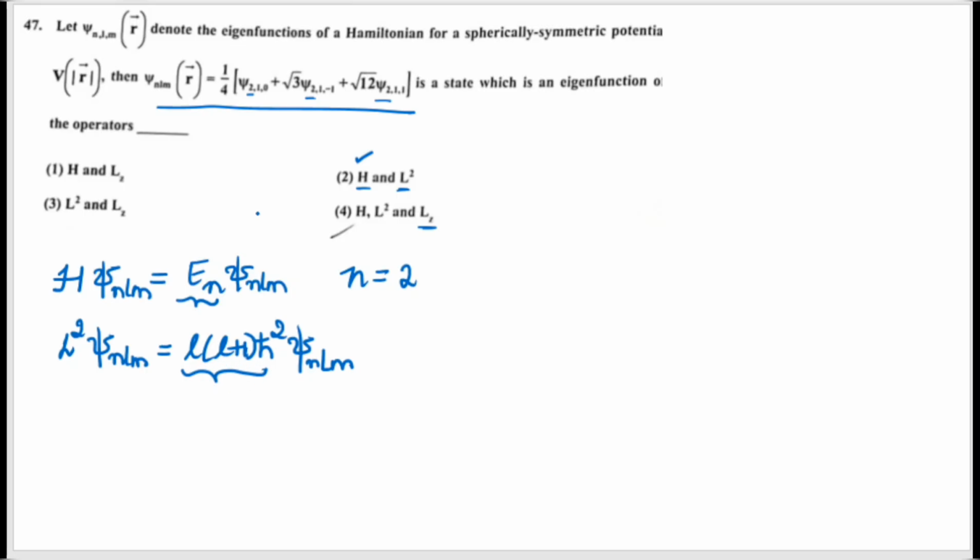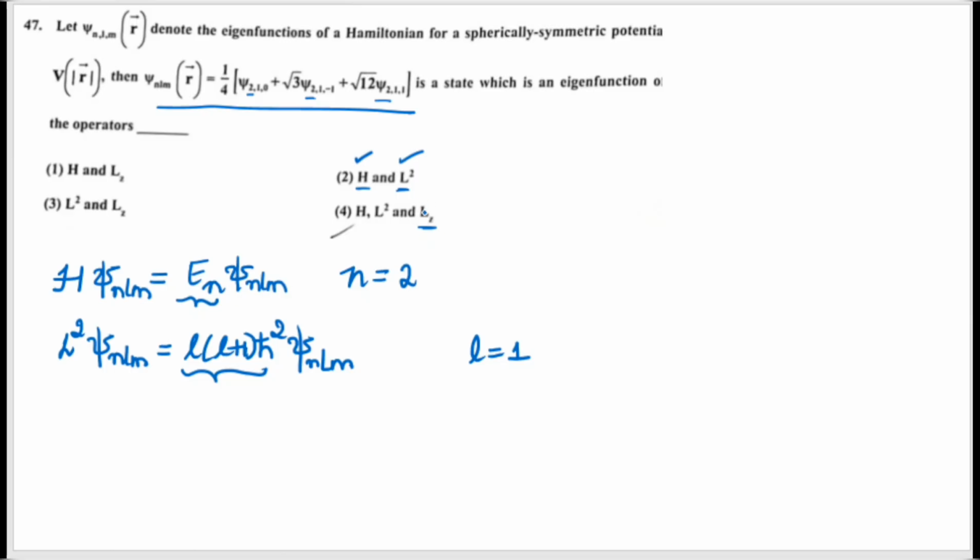And in all three states the L value is equal to 1. If all three terms have the same L, I can say that the given state is also an eigenfunction of L square, right? Now L square is also obeyed.